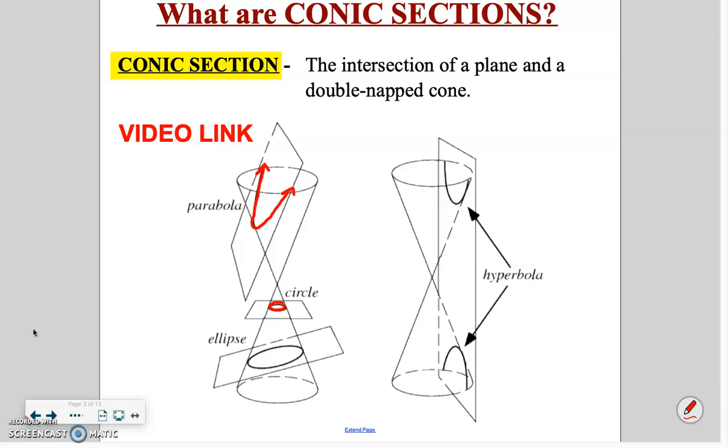Now, eventually, like next week, we're going to talk about what happens if we have a plane that's not parallel, but also doesn't go through the base. That's when we create this oblong, ovalish type shape that we call an ellipse, okay? And then also, what if we have a plane that goes through both of the bases? Essentially, we call this a hyperbola.